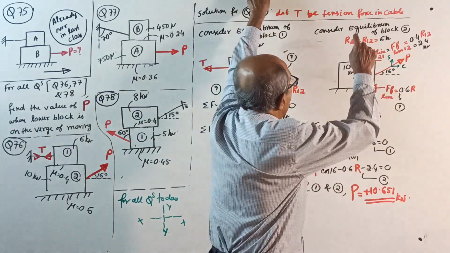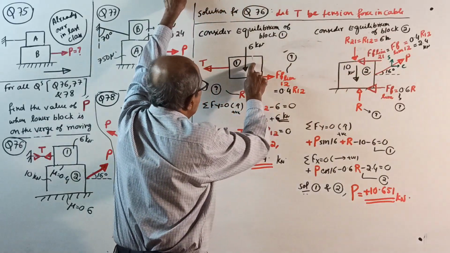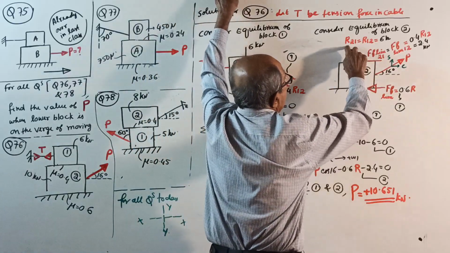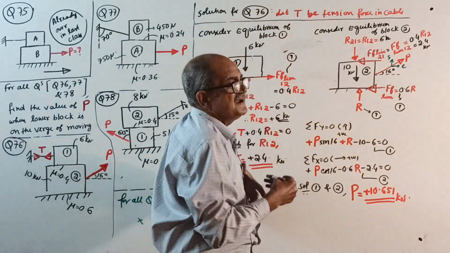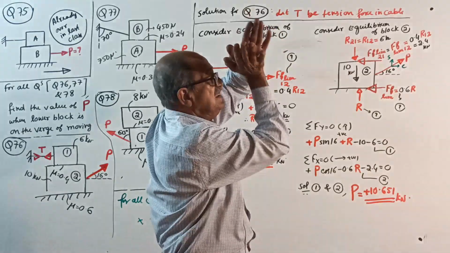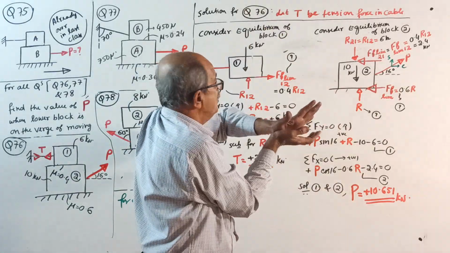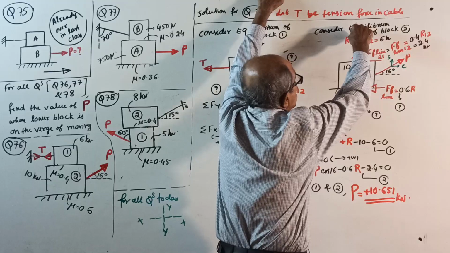Okay, then the upper side, I told you very clearly: for block 1, R12 is up, for block 2, R21 is down. If for that one it is up, for this one it is down. How much R12 up, that much R21 down.